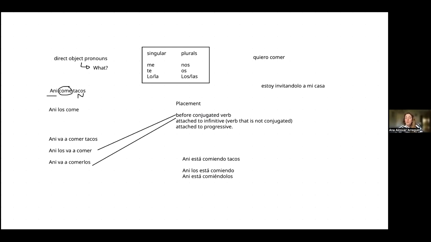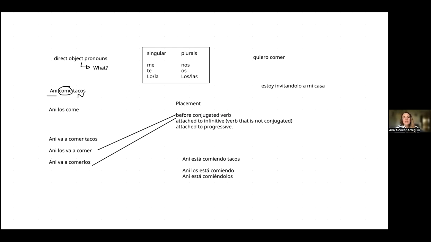Remember with the direct object pronouns, you need to know what that noun is. You can't just say I'm eating it out of nowhere. You have to have been talking about the pizza, for example. So just have that in mind. It's replacing the noun so you don't repeat yourself a lot.